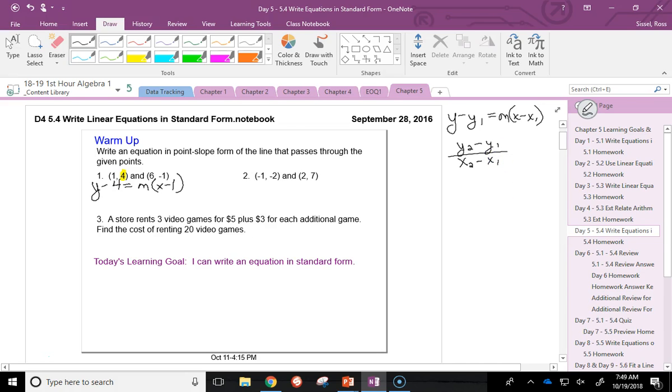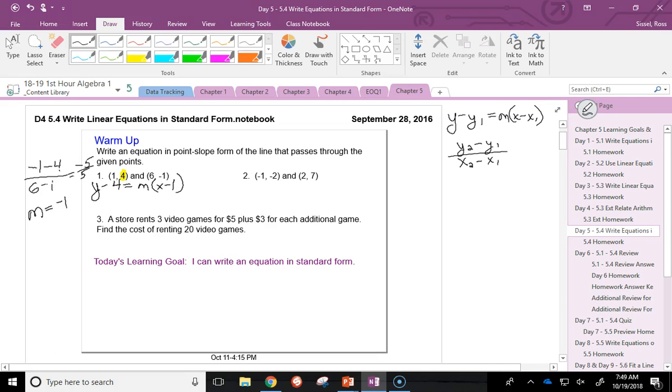So in this equation, we'd have our negative 1 minus 4, and then we'd have 6 minus 1. So our slope would be negative 1 minus 4 is negative 5 over 5. So our slope is now negative 1.